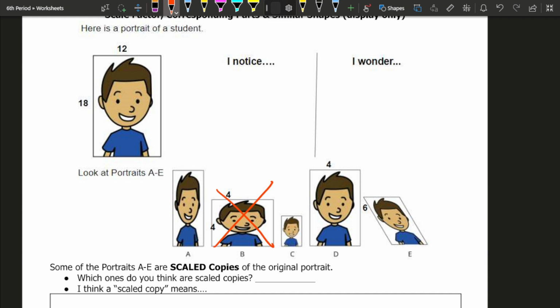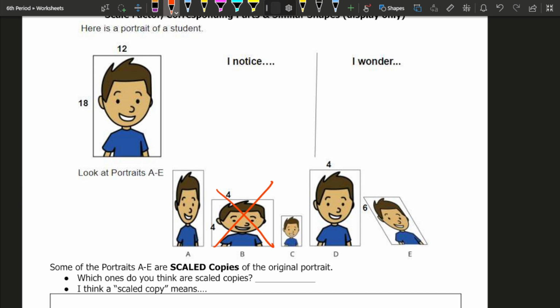Because the angles are not 90 degrees. Remember, on rectangles, all of the inside angles, all of the corners, have to be 90 degrees. Is that the case on E? No, they're slanted. Two of them are more than 90 and two of them are less than 90. But it's 4 sides, which is called, starts with a P. It's a long word.